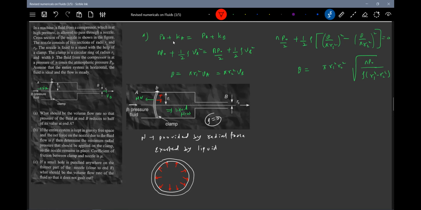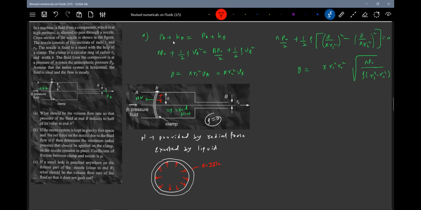In turn, the liquid exerts a force on this clamp. The coefficient of friction, I think you are able to understand, is between the nozzle and the clamp. Okay, this is the nozzle. Due to the liquid, it will try to move, and the clamp will not permit.